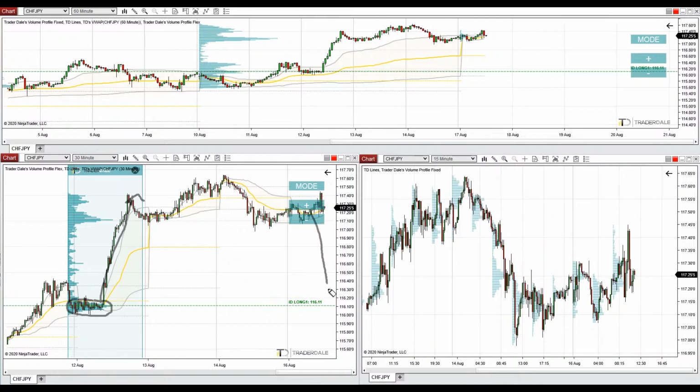So when there's a pullback to this level, which is at 116.11, I think that those buyers are likely to start defending their buying positions, and they're likely to push the price upwards from there again. By the way, there was also a nice reaction to this significant volume cluster. It was in here, this buying reaction. But this level is already spent.